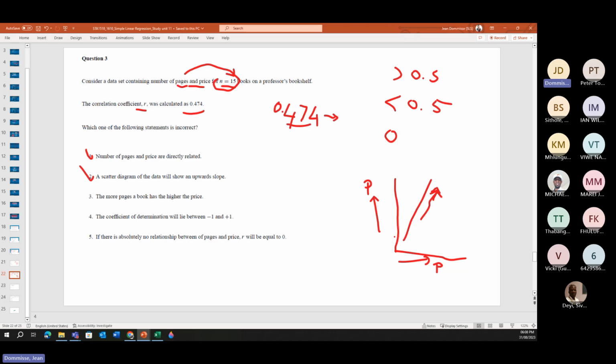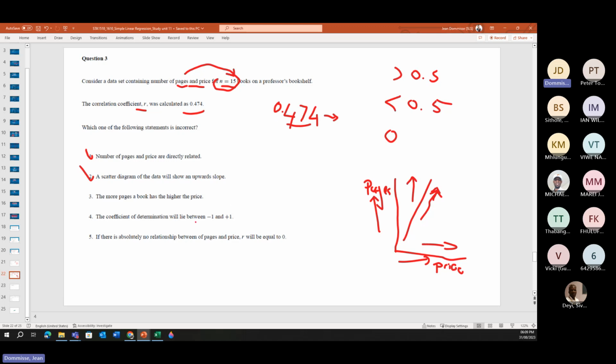And it could have been, price could have been here as well, and pages could have been there. Doesn't matter in this one, because it tells us the higher the price, the higher the pages, or the higher the pages, the higher the price. So perfect.